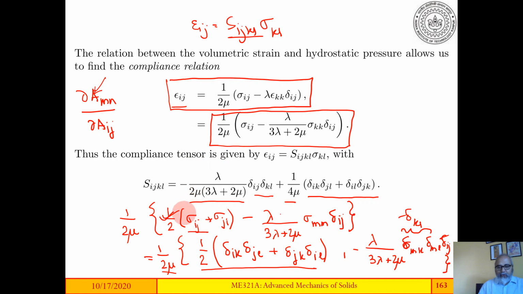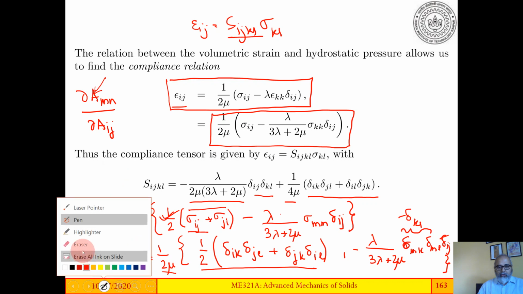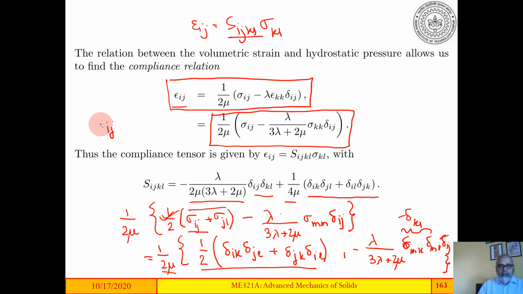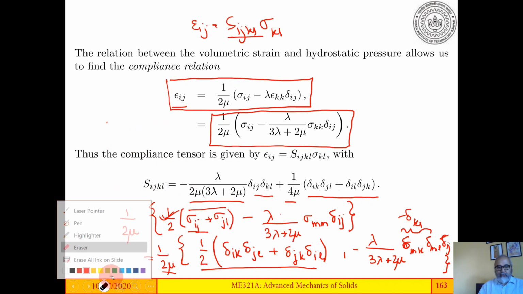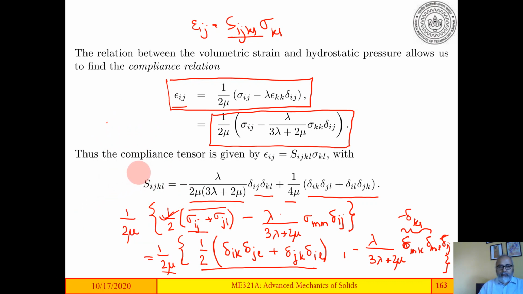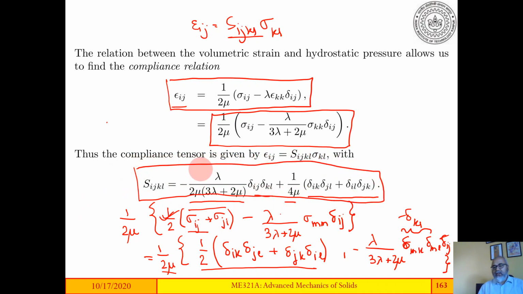So that follows because sigma ij is symmetric, and this is your compliance. And compliance is the strain stress relation opposed to stiffness, which gives you the stress strain relation.